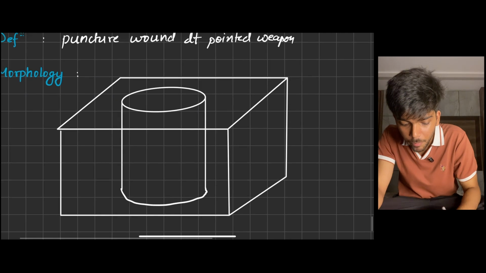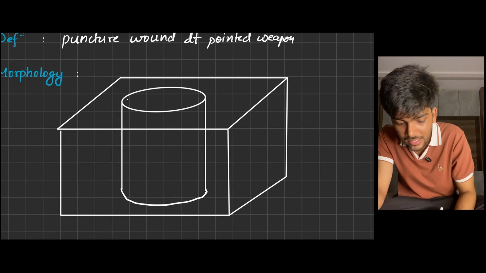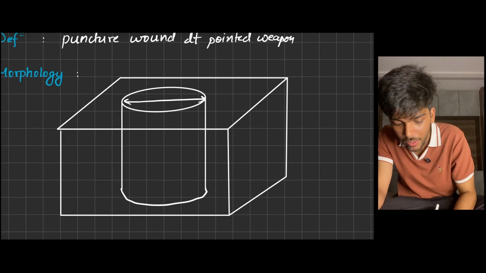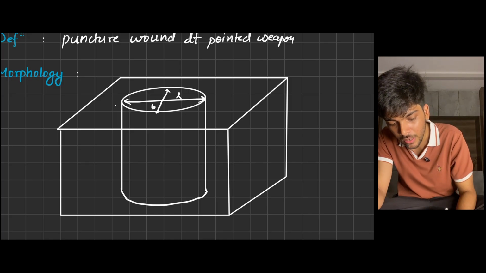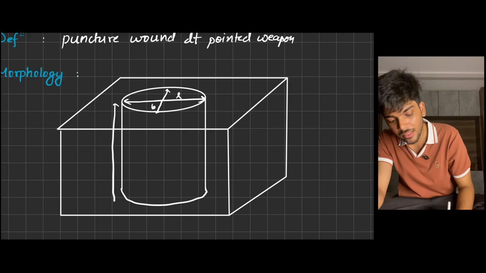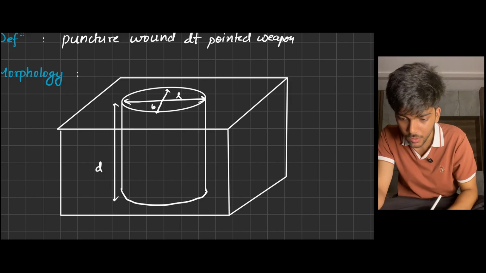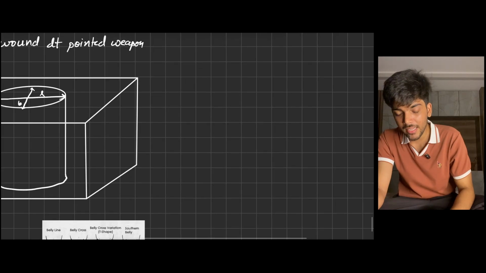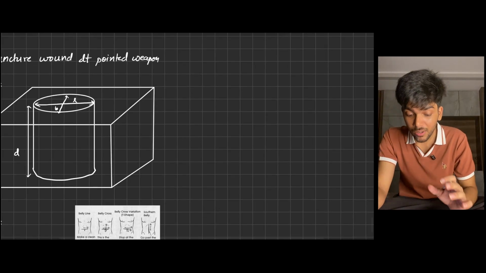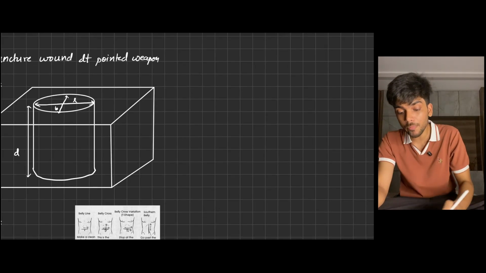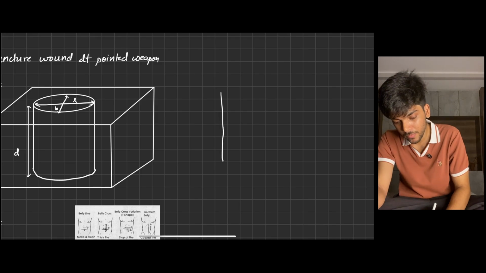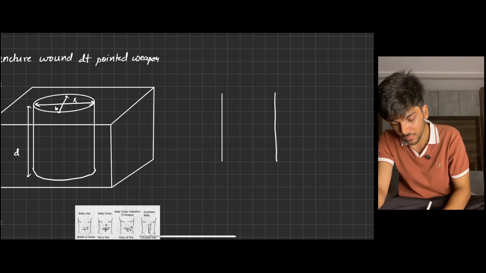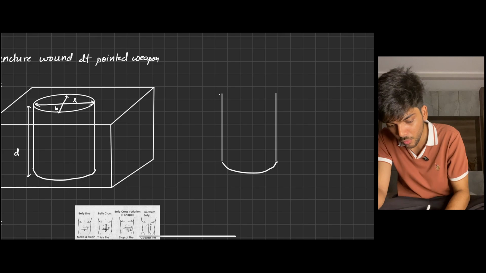Now if you look at this puncture wound, this right here is the length of the puncture wound. This right here is the breadth of the puncture wound. And this right here is the depth of the puncture wound. Okay? Now, let's say the weapon that was used to inflict this puncture wound is this right here.